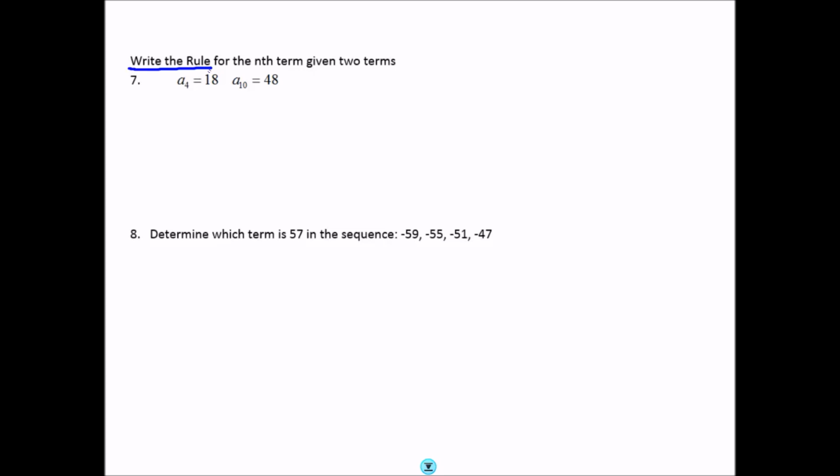So you can use the slope formula because we said the difference is like the slope. You can write out a bunch of blanks and put 18 in the fourth blank and 48 in the 10th blank and try to figure out what you need to add to fill in all the numbers in the middle. I think that using the slope formula is the easiest.